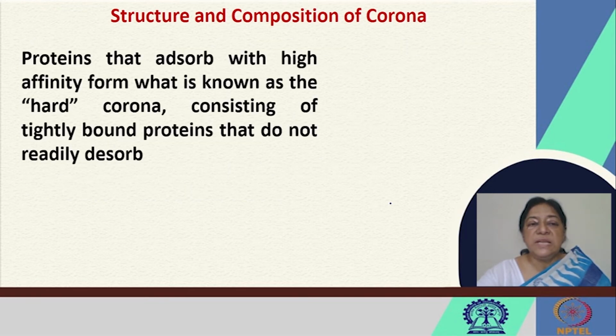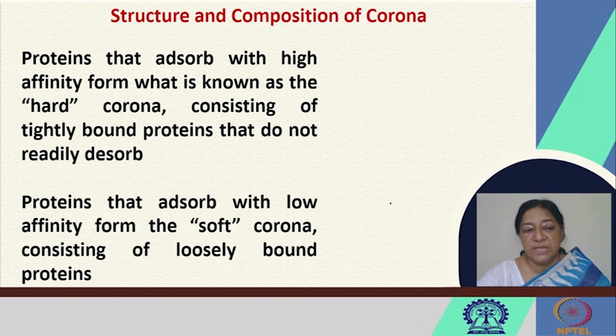The proteins that adsorb with high affinity form what is called the hard corona, consisting of tightly bound proteins that do not readily desorb from the surface, and the proteins that adsorb with low affinity form what is called the soft corona, that are loosely bound.